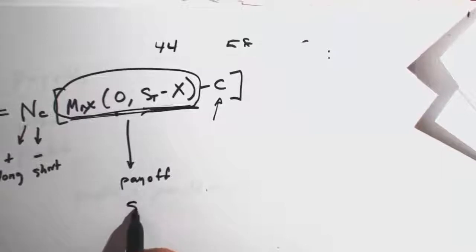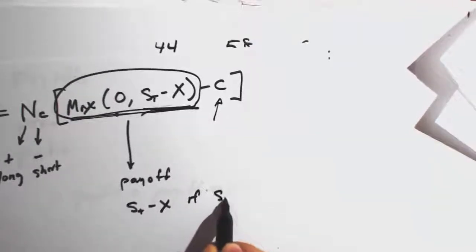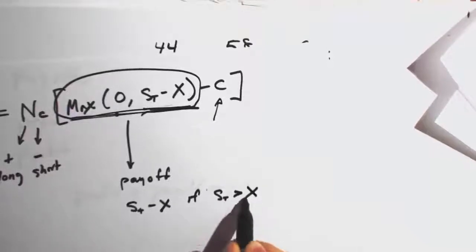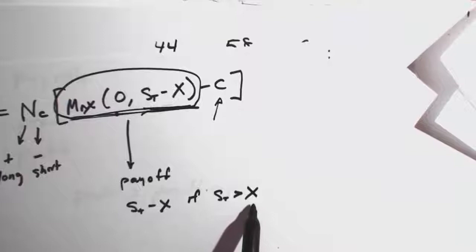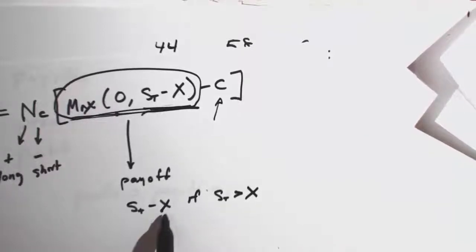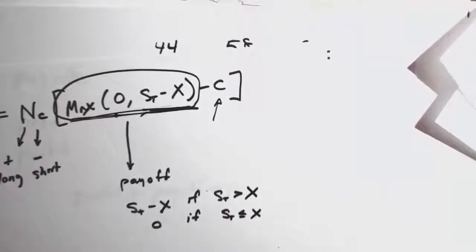The payoff is ST minus X if ST is greater than X. So if the option's in the money, the payoff is going to be this difference, or it's going to be 0 if ST is less than or equal to X.